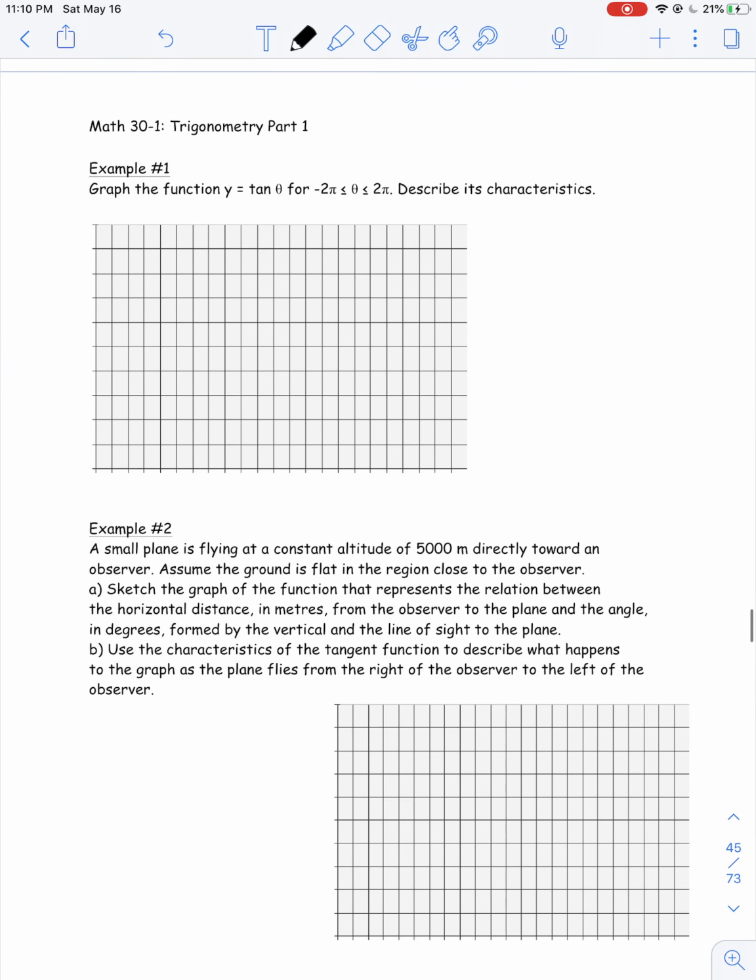So for example number 1, we're going to sketch what tan theta looks like going from -2 pi to +2 pi. So we're going to divide up our graph, and I'm going to divide them as sections of pi over 4.